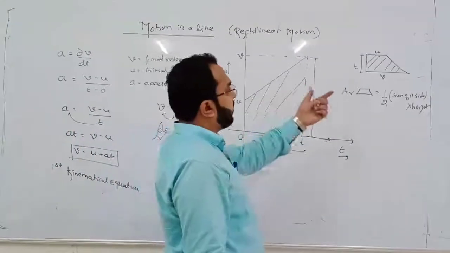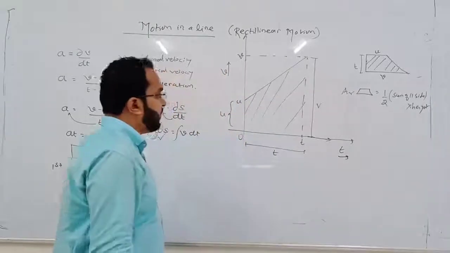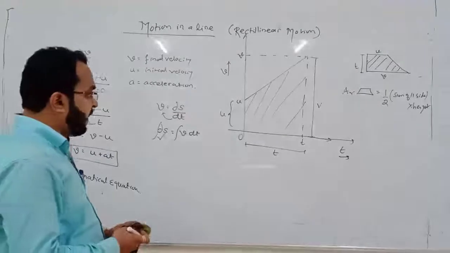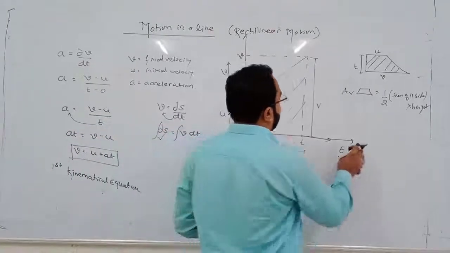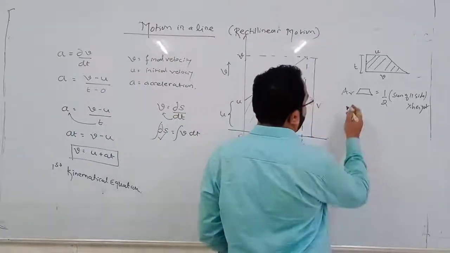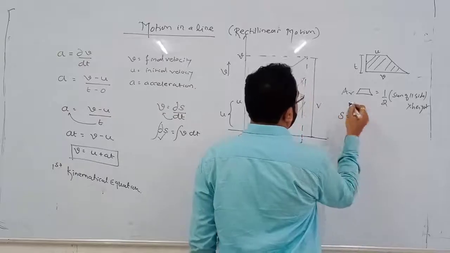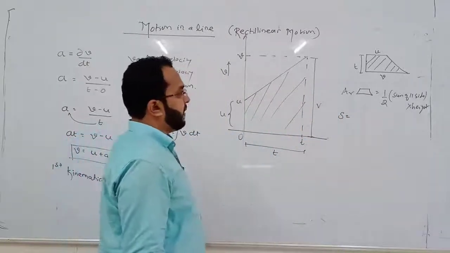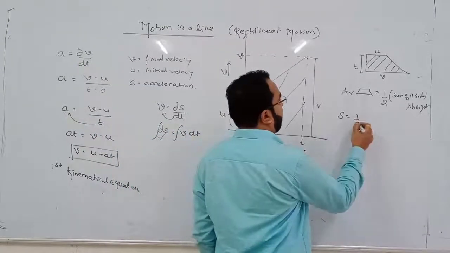And this gives you the displacement. Half into the sum of parallel sides into height. This will give the displacement. So the area will give us the displacement, that is s. S is the displacement.